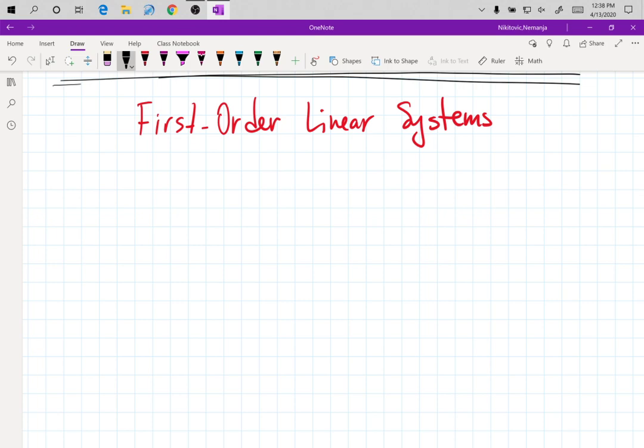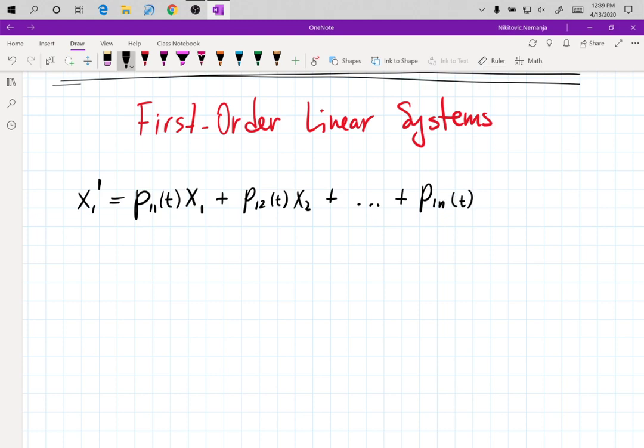I believe they use P. Yes, they use P. All right, so x1 prime is p11 of t times the function x1 plus p12, some function, x2 plus, ending up with p1n of t xn, plus f1 of t.